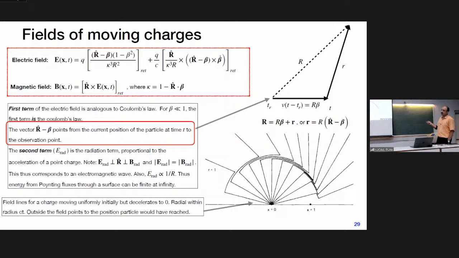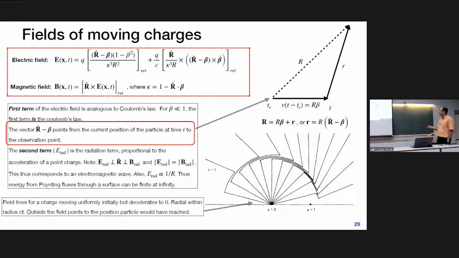That is capital R. These are the basic vector diagrams. So if you find the distance from the current location of the charge, not the retarded point, that is R times (R cap minus beta), which is this. Very interestingly, if you don't have the acceleration term, forget it for now, and the charge is moving, although we are calculating everything at the retarded time, the direction of the vector always points to the current location of the charge.